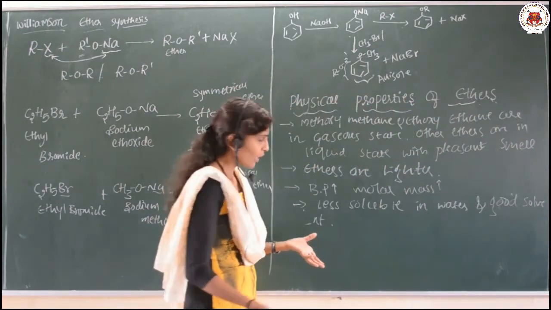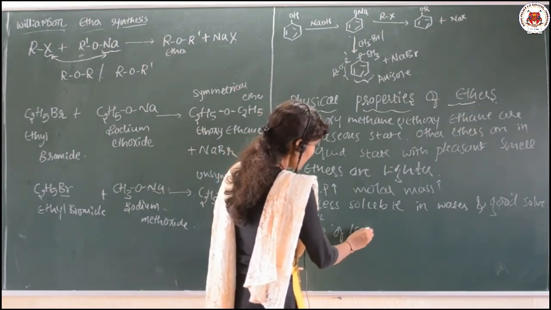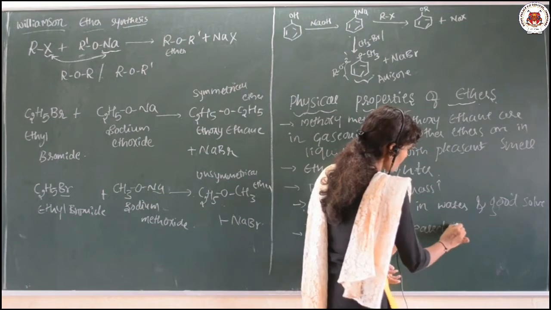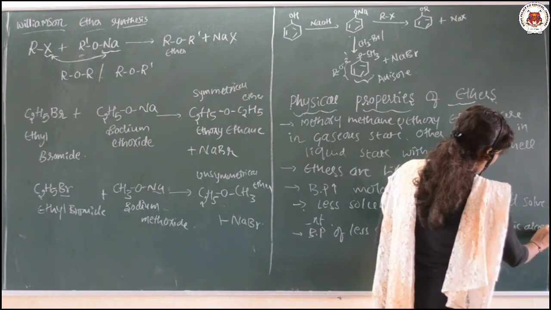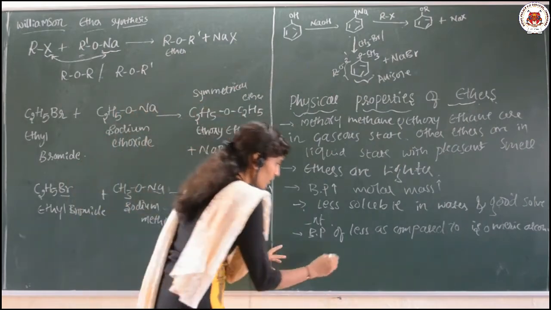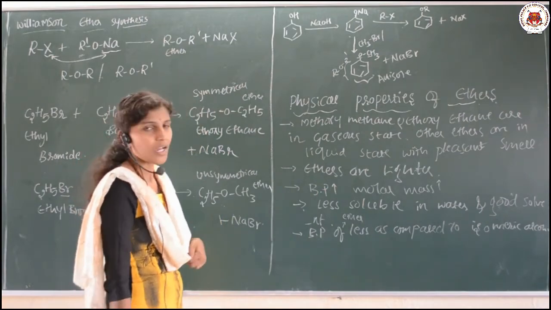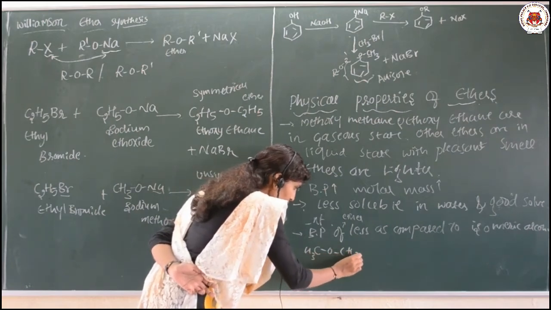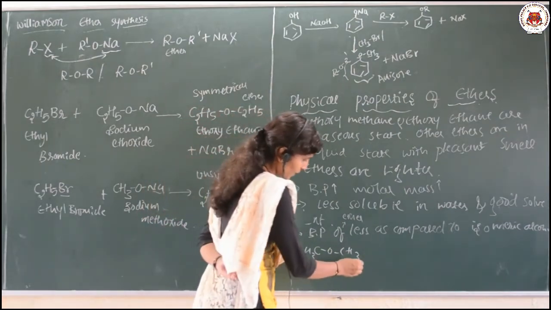Okay, and then the boiling point of ether is less as compared to isomeric alcohol. So what is the boiling point of the ether? It is less as compared to the isomeric alcohol. For example, this is the methoxy methane, okay, and this is the ether.